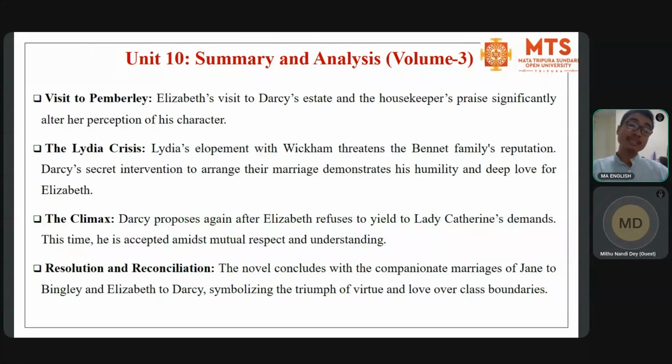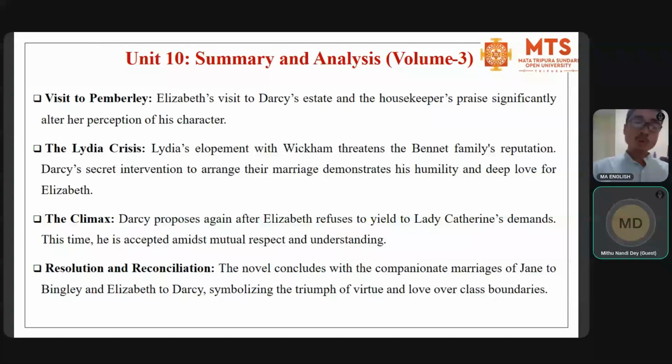In the meantime, the youngest daughter Lydia runs away with the notorious Mr. Wickham. Through the letter written by Darcy, the entire Bennet family came to know all the secrets of Wickham.